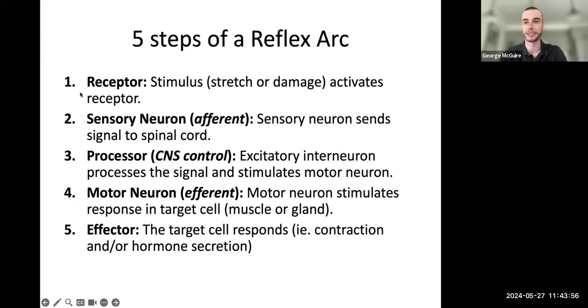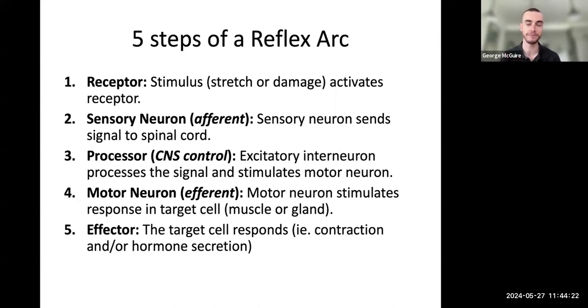So this is always going to start with a receptor, the part of the body that is receiving this stimulus, so either stretch or damage in some way. And that is going to activate the sensory neuron.